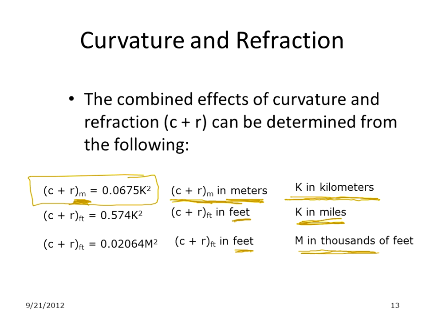Let's go back and take a look. This value right here, K, is in kilometers. So looking at your example, it would be 0.0675 times, if it was 2,500 meters, that's 2.5 kilometers, yes?